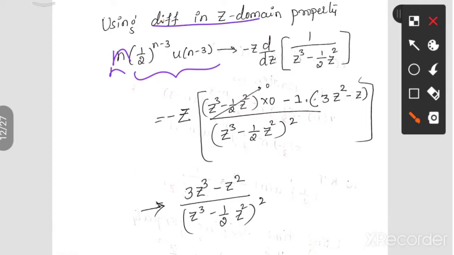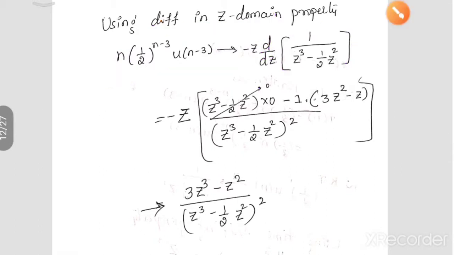Using the differentiation in z domain property, the z transform of this entire signal will be minus z into the differentiation of x of z, which is 1 divided by z cube minus 1 by 2 z square. Let's simplify this.